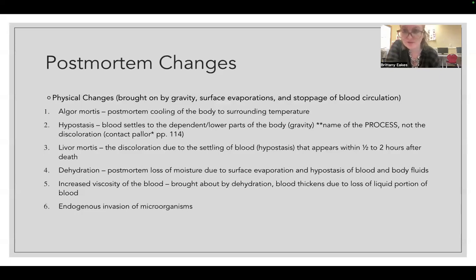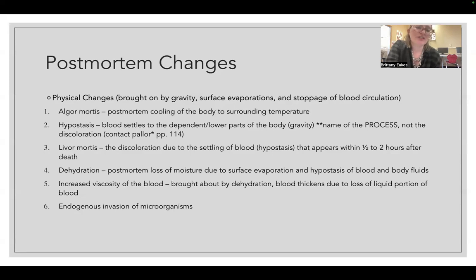So remember, sometimes we call autopsy cases post cases. Postmortem changes: there are physical changes which are brought on by gravity, surface evaporation, and the stopping of blood circulation. And then there are chemical changes that occur within the body.